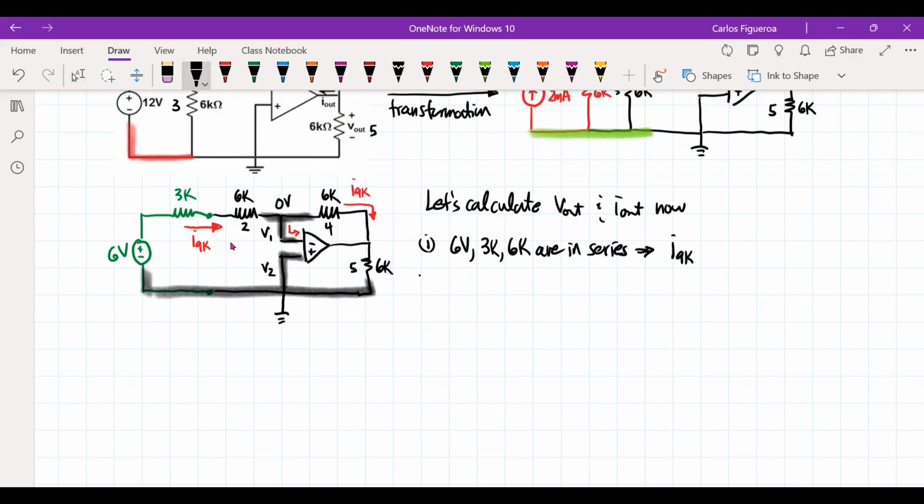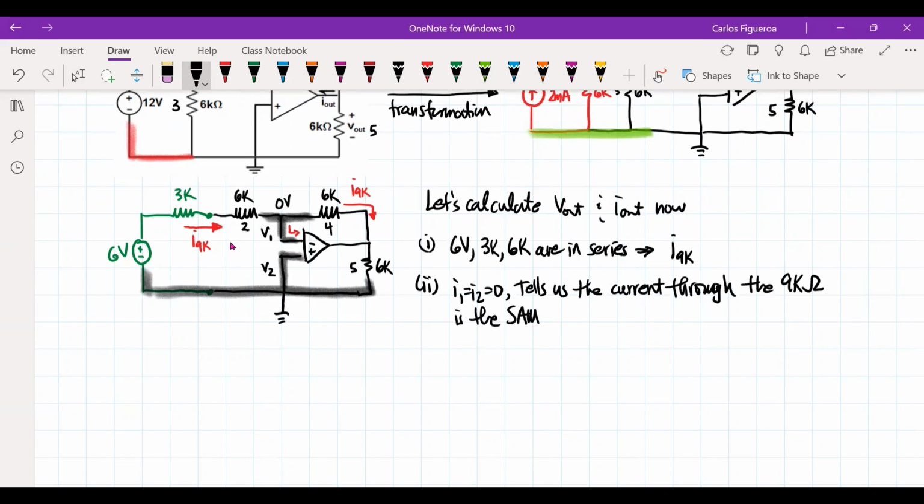So once again, the condition I1 equal to I2 equal to 0 tells us the current through the 9K is the same as current I4, which is that 6K.